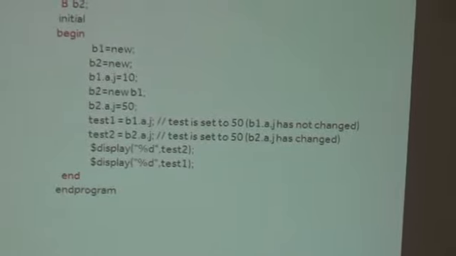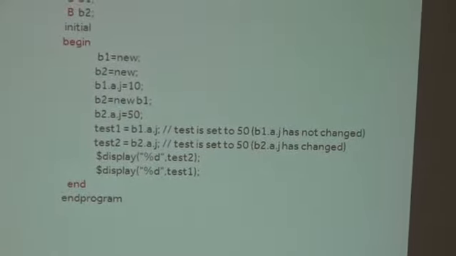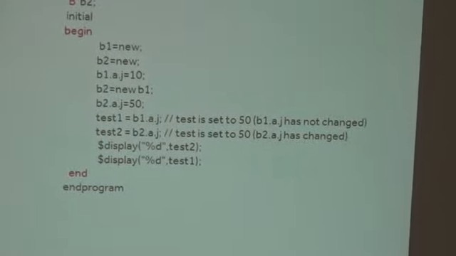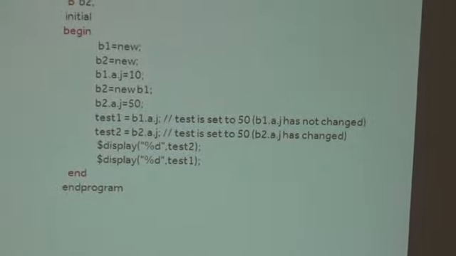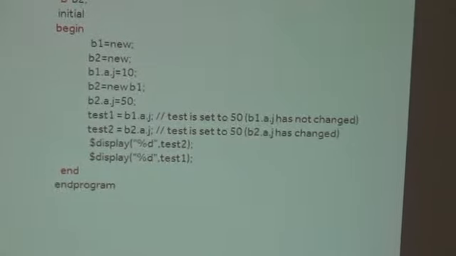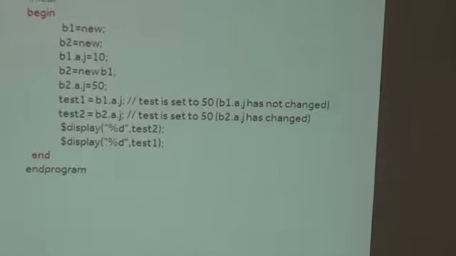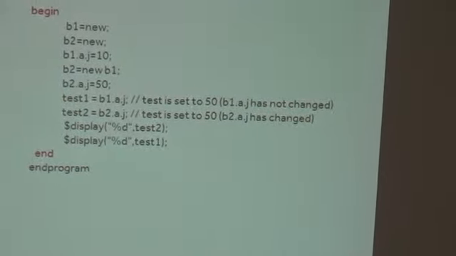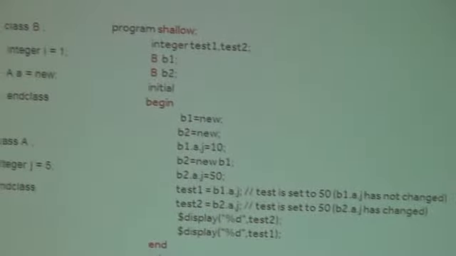Now I was just copying the object handler b1 to b2. That means I was copying the class of b1 to b2. Now I was accessing the value of j through object handler b2. So now we will check what effect these changes make on both b1 and b2.